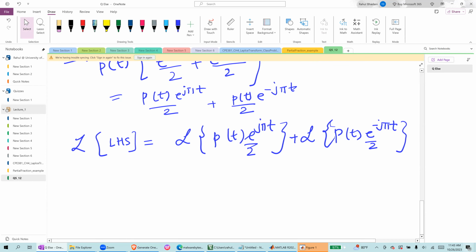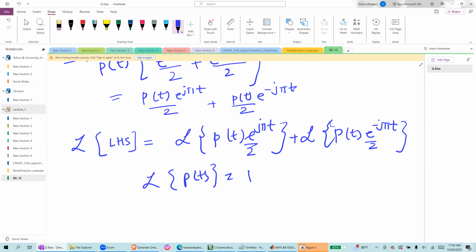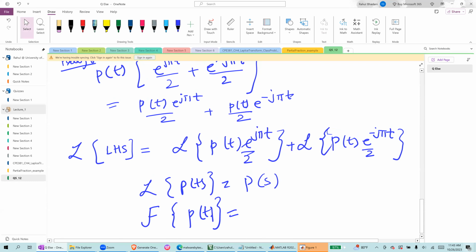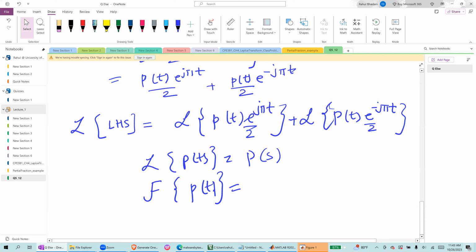Now we will use a property. We already know that the Laplace transform of P of t is P of s. In terms of the Fourier transform, you could write this as P of ω.